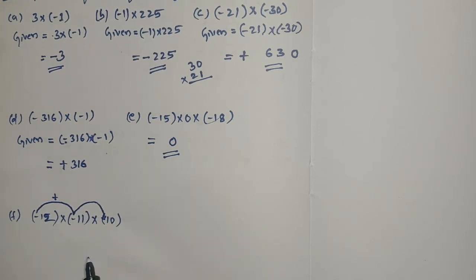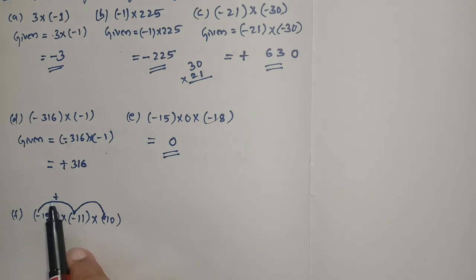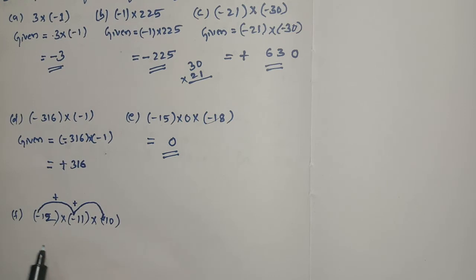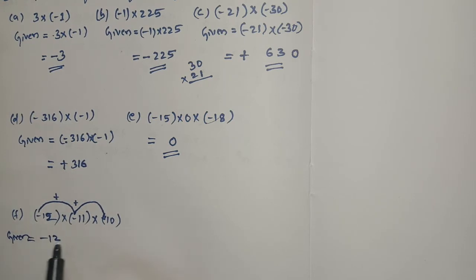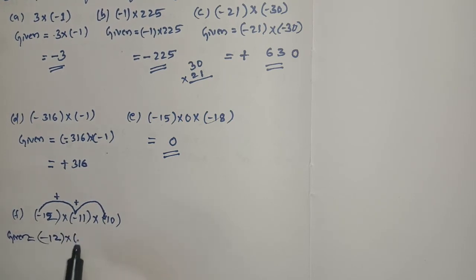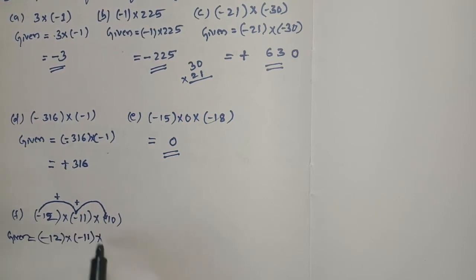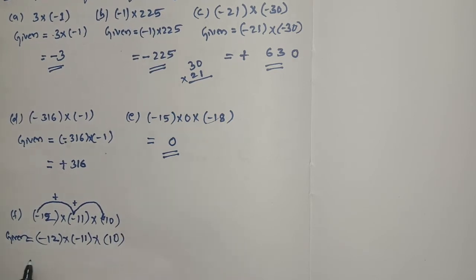If the sign is not mentioned, as I said, the sign will be plus. Minus into minus is plus, then plus into plus is plus, students. So the answer will be plus. First I have to write the given: minus 12 into minus 11 into plus 10.